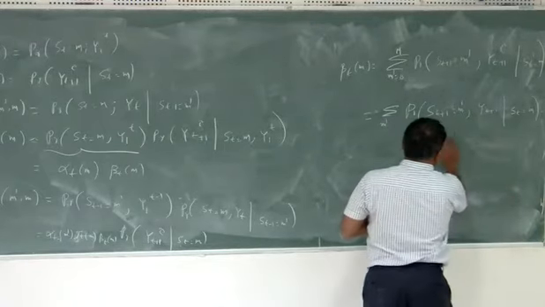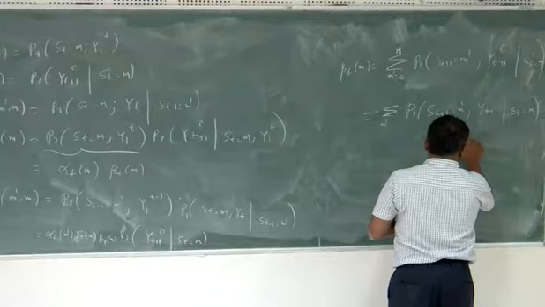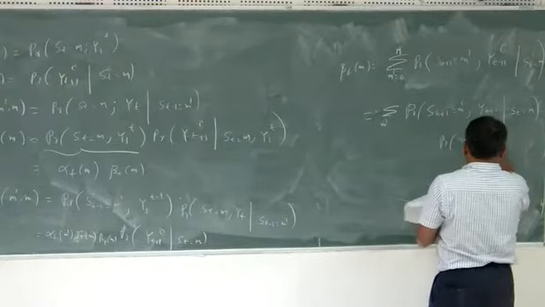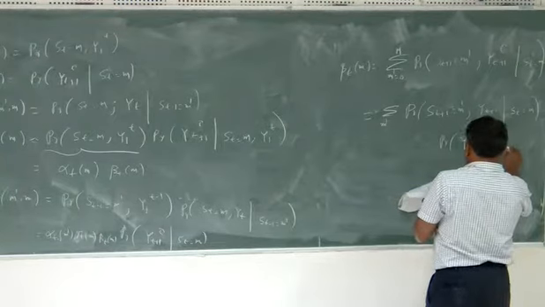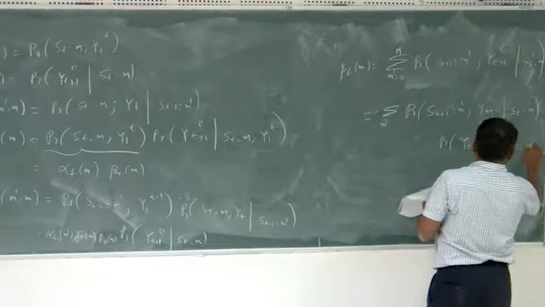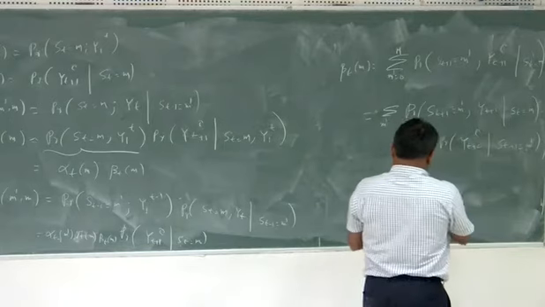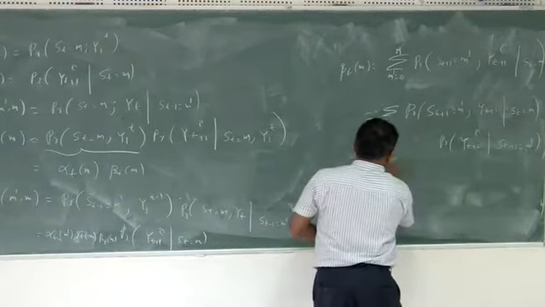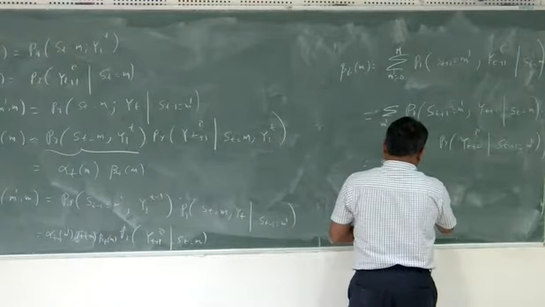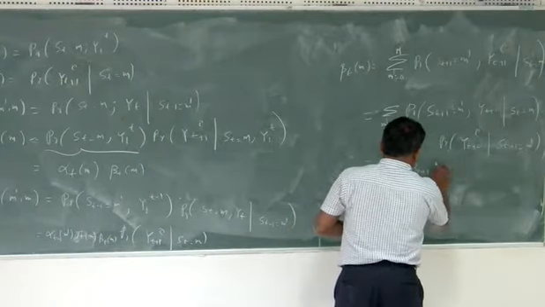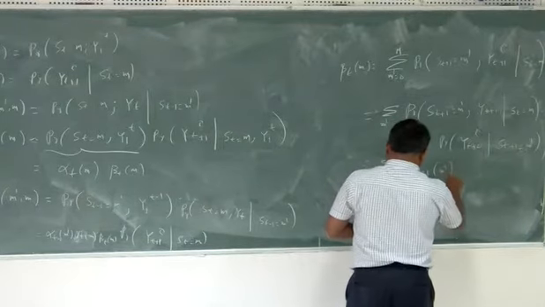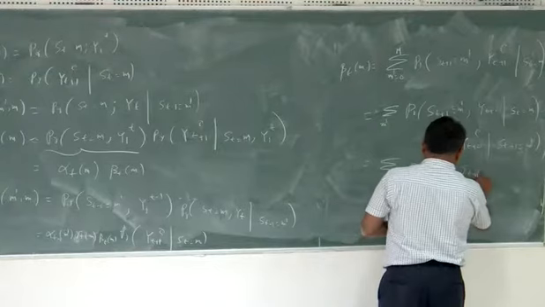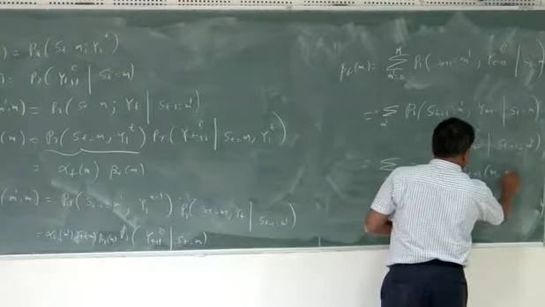Okay, and that comes here, probability of y t plus 2 to tau given s t plus 1 equal to m prime. And that turns out to be summation over m prime of beta t plus 1 of m prime times gamma t plus 1 of m comma m prime.